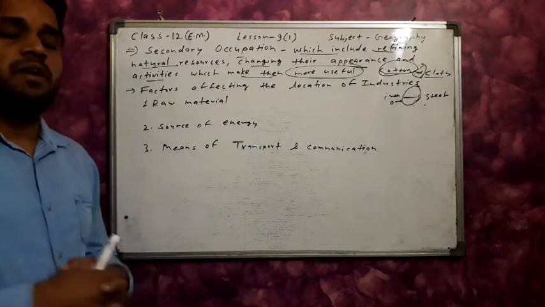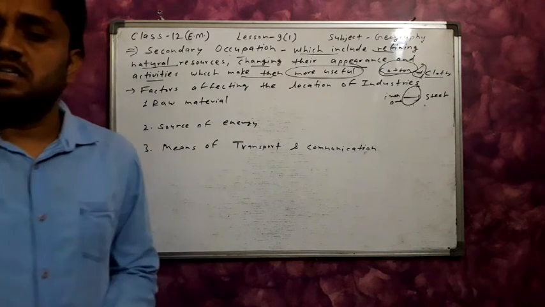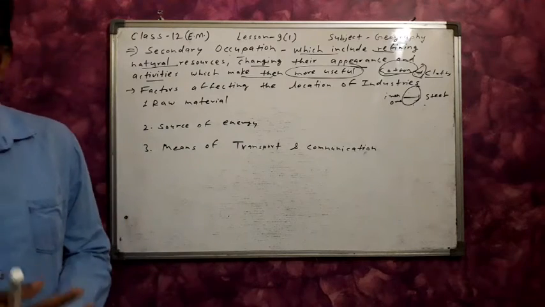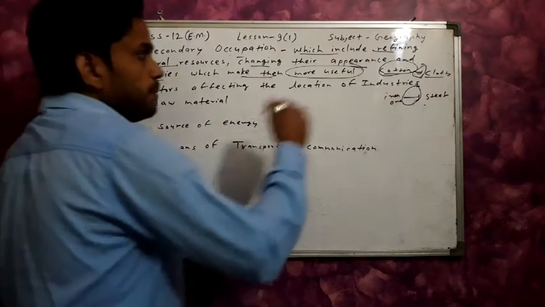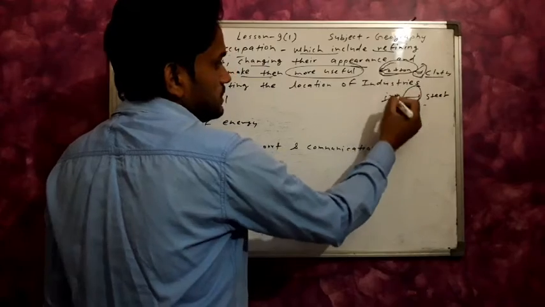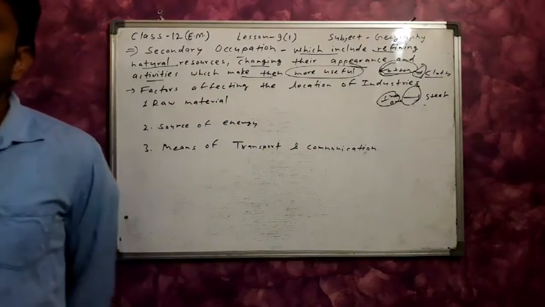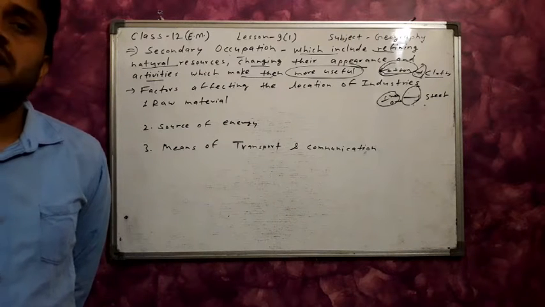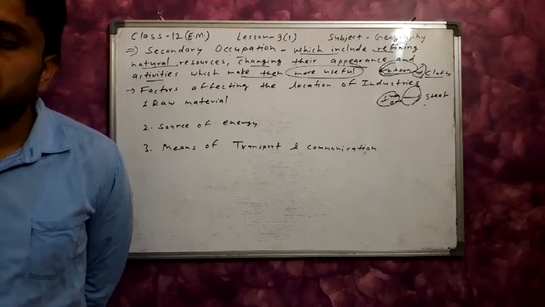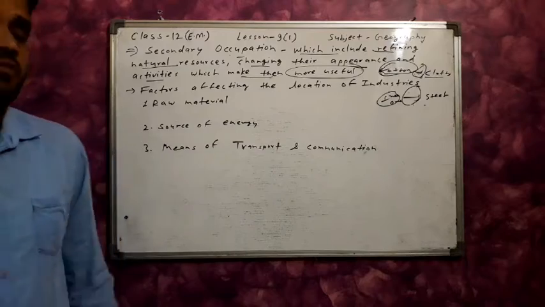Manufacturing industries manufacture many things. The meaning of manufacturing industries is changing the raw material, like cotton and iron, both are raw materials. Change the raw material, produced by the primary activity, with the help of tools.